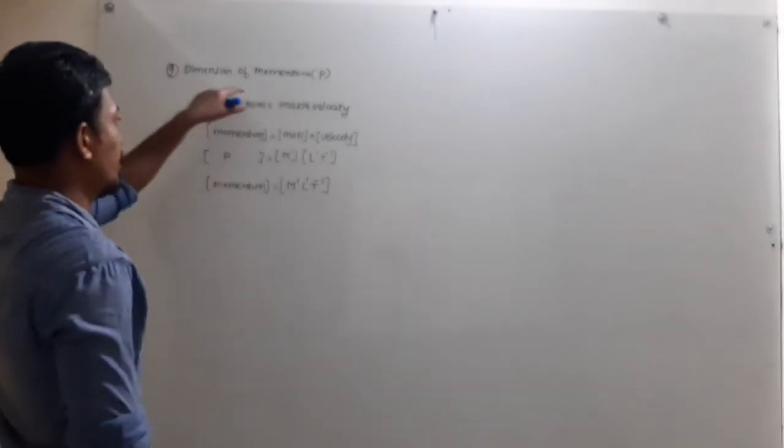That is, dimension of momentum is equal to dimension of mass into dimension of velocity. Dimension of mass is M raised to 1, into dimension of velocity, L raised to 1, T raised to minus 1. This is the dimension of momentum, equal to M raised to 1, L raised to 1, T raised to minus 1, right? This is the dimension of momentum P.